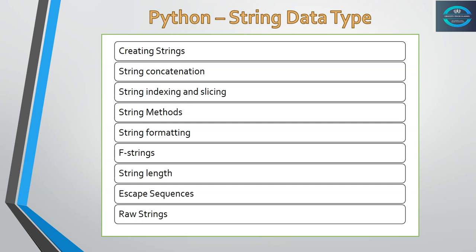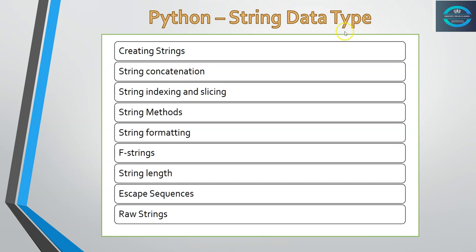We will see how we create a string, how we concatenate strings, what indexing and slicing on strings are, the different string methods, how we format a string, what an f-string is, how to calculate the string length, what the escape sequences in strings are, and what a raw string is.